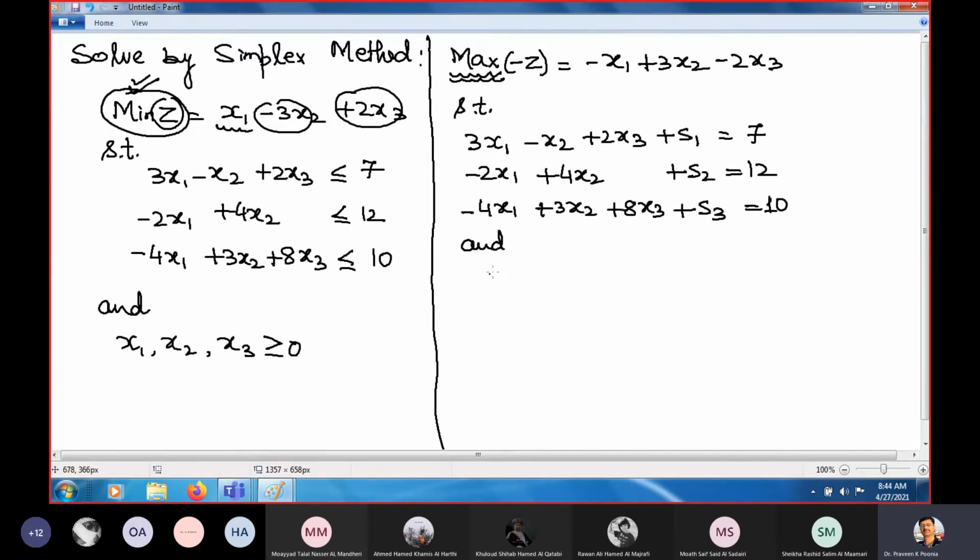Clear? And what are the non-negative restrictions? x1, x2, x3, s1, s2, s3 should all be greater than or equal to 0.